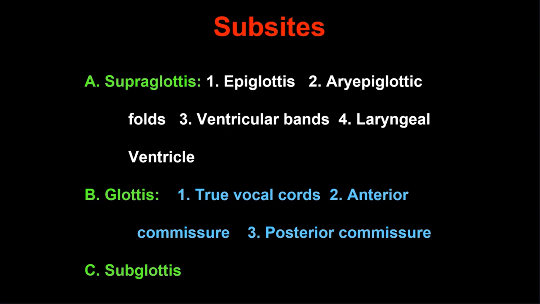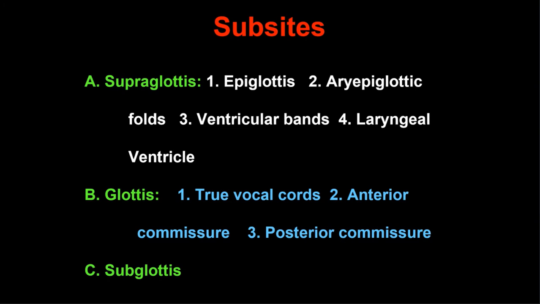Above the vocal cords it has rich lymphatics compared to below the vocal cords, and the vocal cords have no lymphatic drainage. So if tumors arise in the supraglottic region, there is more chance of lymphatic spread compared to the glottis and the subglottis.